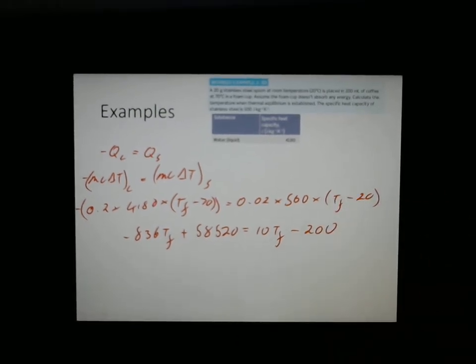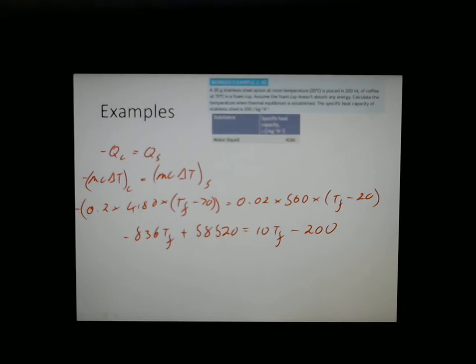Okay, now that we have those, let's rearrange. We could subtract that to that side or add that to that side. It doesn't matter what you prefer to do. However, I certainly prefer to make things positive. It does look like the text makes a bit of an error here, and they've got 850 TF.